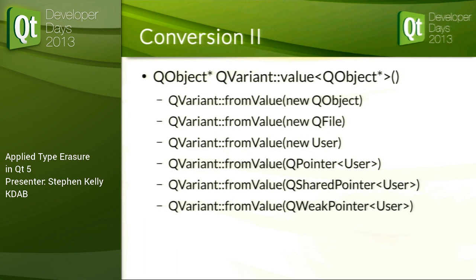So you can do a lot more conversions in Qt5 now as well. A lot of these conversions were not possible in Qt4, but in Qt5 now you can convert. If I put a QFile pointer into a QVariant, I can extract it as a QObject pointer.